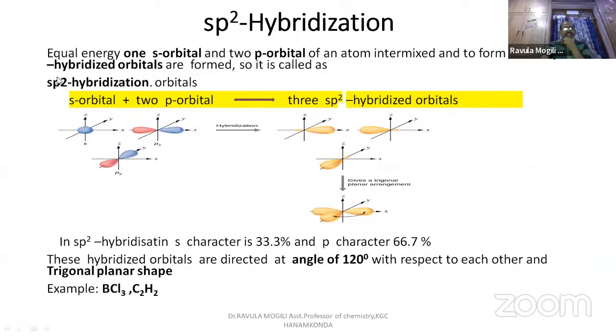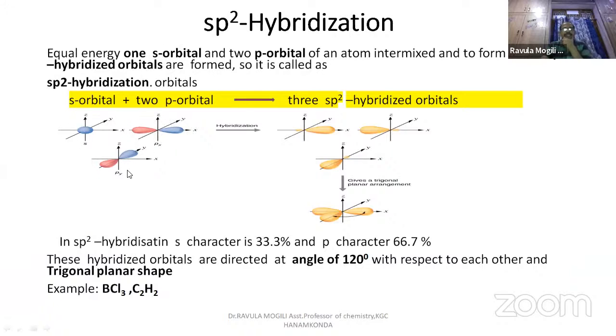Sp2 hybridization: 1 s orbital and 2 p orbitals of an atom intermix to form 3 sp2 hybridized orbitals. It is called sp2 hybridization. Here this is the s orbital, and these 2 are p orbitals. The total number of orbitals is 3.